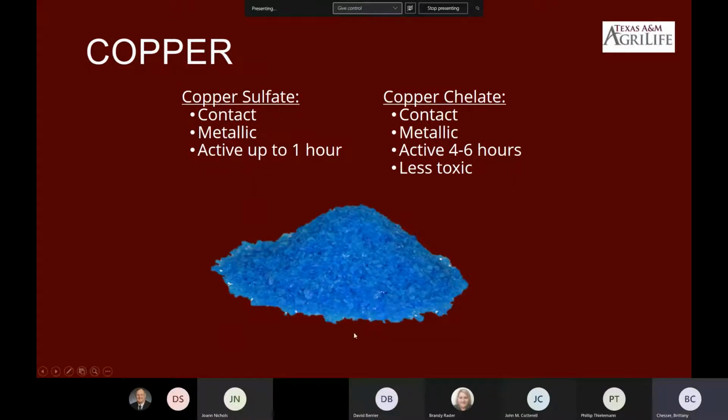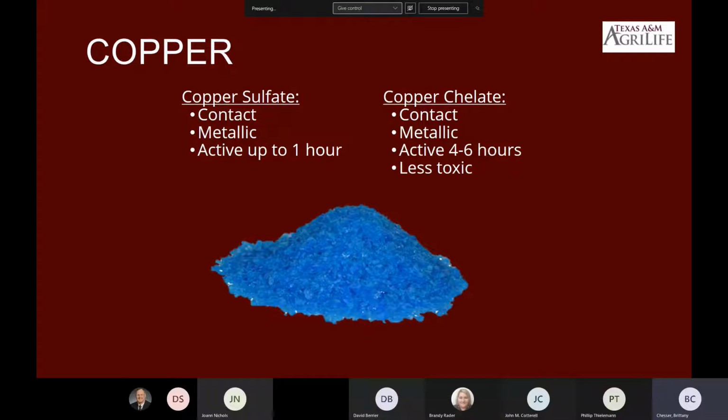I'm going to cover the differences real quick between the two different types of copper complexes, because I found, while I've been giving presentations with Extension, that most people don't quite know the difference. And so we have our copper sulfate, which is very common. A lot of people have used copper sulfate in terms of algae management.